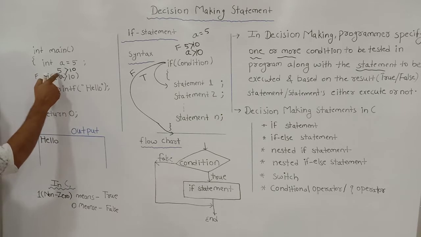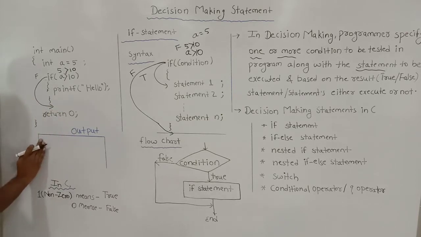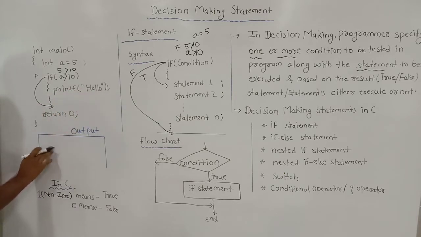If the condition is false, we jump after the if. Okay, means here our program ends. So in this way this printf will not print hello and we will get nothing in our output. This program is correct but we will get nothing in our output.